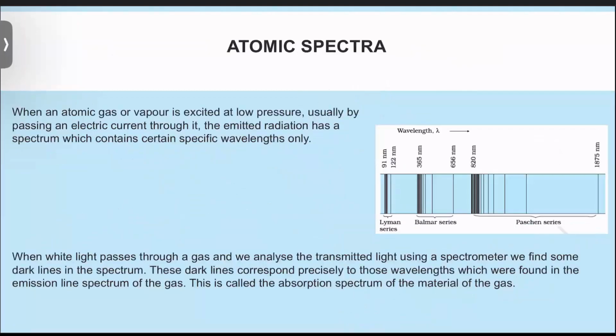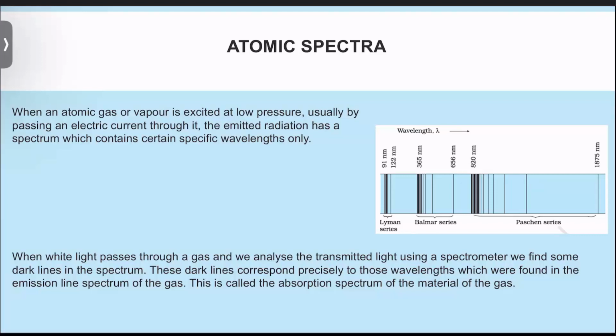Now we go into atomic spectra. What does atomic spectra actually imply? Suppose an atomic gas or vapor is excited at low pressure, usually by passing a current through it, and the gas or vapor emits radiation. This radiated emission shows you a spectrum, which contains signatures at certain specific wavelengths only.